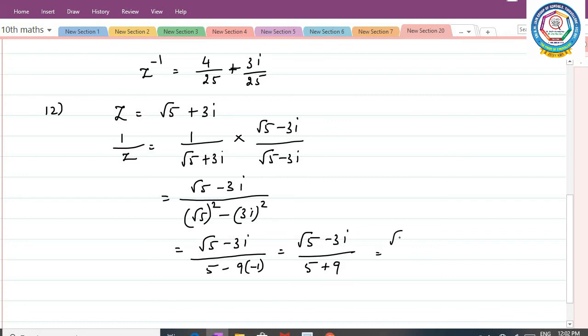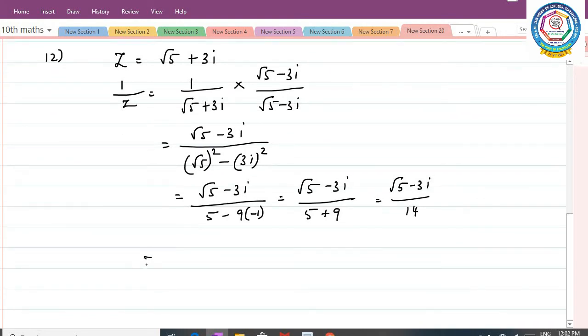Then root 5 minus 3i by 14. So z inverse equals root 5 minus 3i by 14. We write the answer as root 5 by 14 minus 3i by 14.